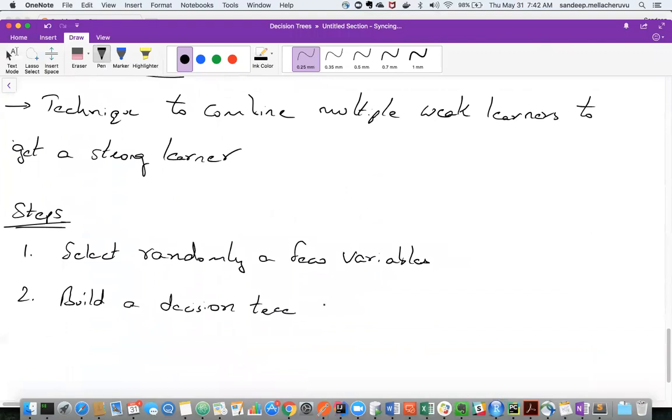Build a decision tree from the variables selected in step 1. So we already selected a few variables out of all the available variables. From those variables, I built a decision tree.